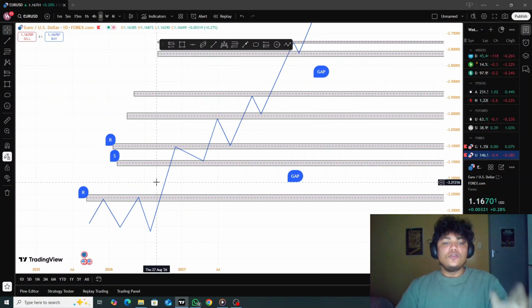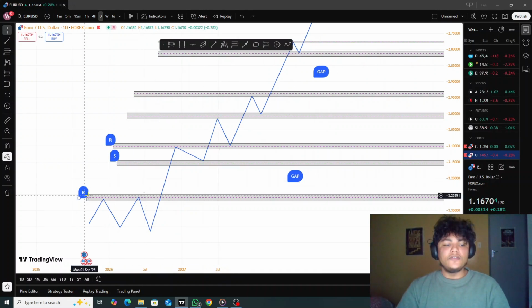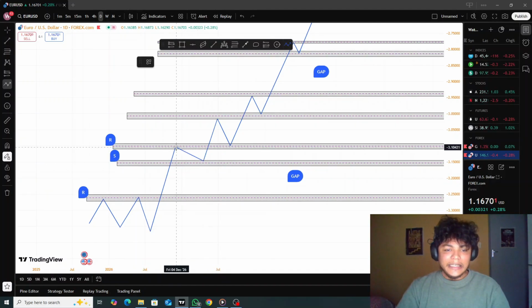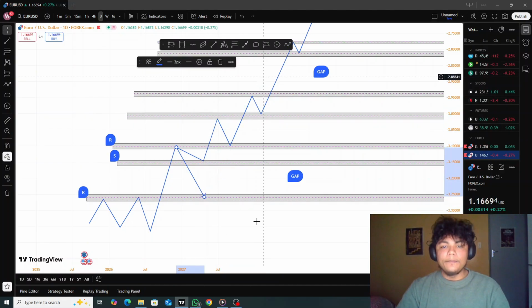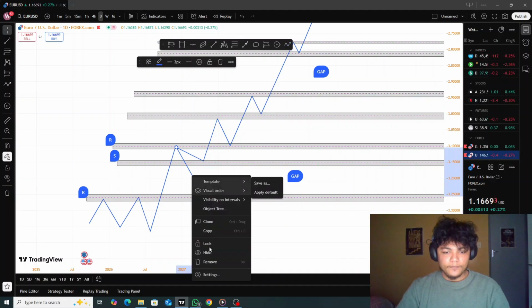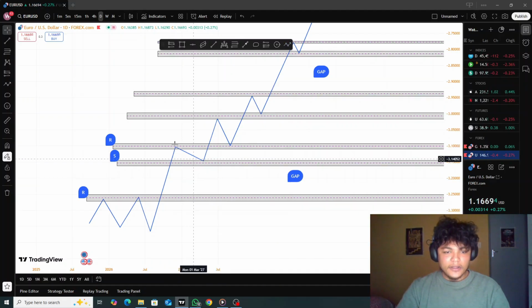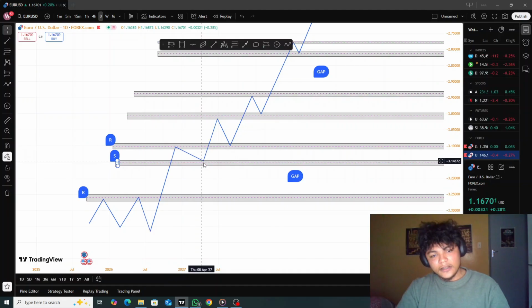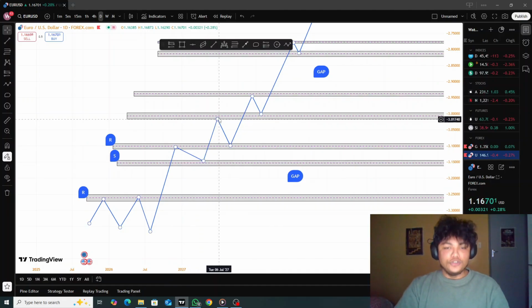Now what can you see? What needs to happen for this to become support? The market needs to come down to this level to make this resistance a support, because it needs to retest the resistance in order for it to go up. But that didn't happen. The market just came down a little bit and then it got pushed up again.